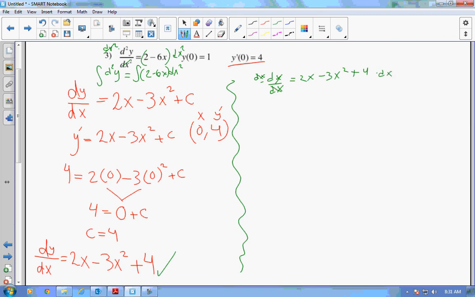Make sure you put all that in parentheses because everything's being transferred to x, but good.